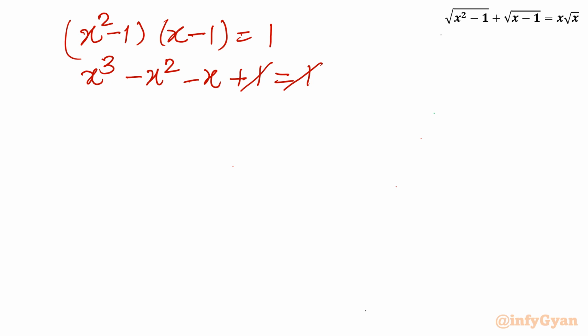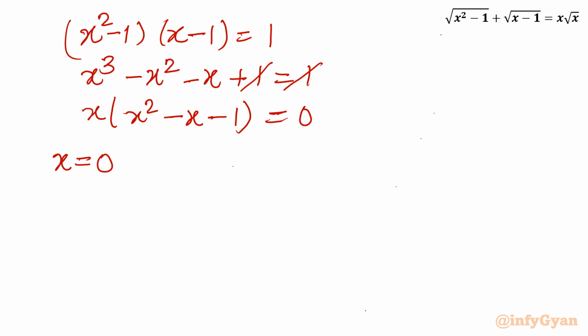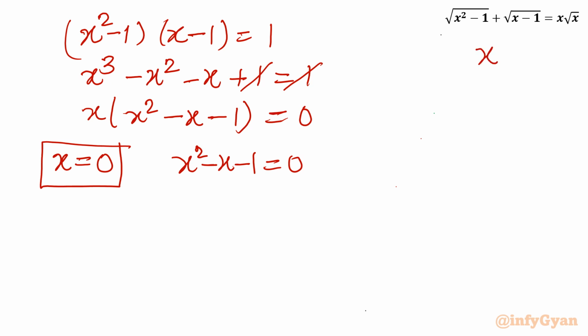Cancel both ones. Now I can see x is common. In bracket I will write x² − x − 1 equal to 0. Now two values are coming out: either x equal to 0 or the second quadratic will be 0. x = 0 is not feasible because we concluded at the beginning that x should be greater than or equal to 1.